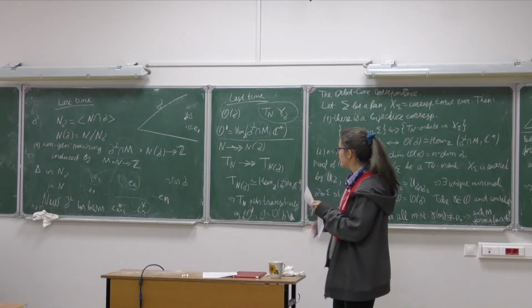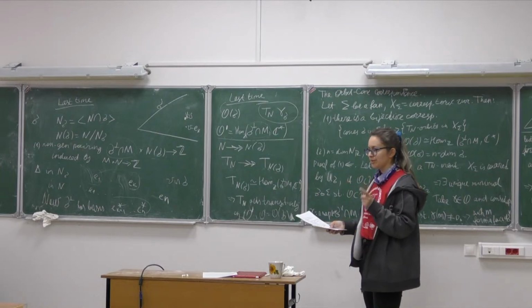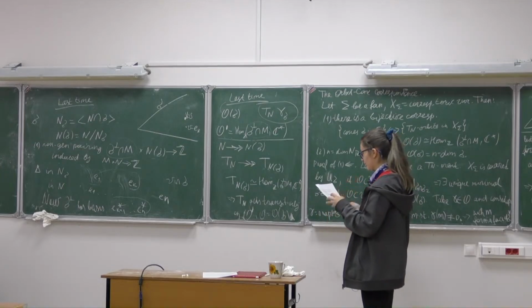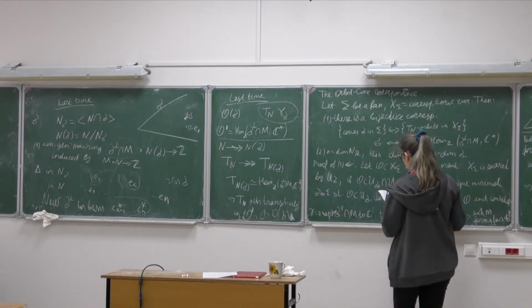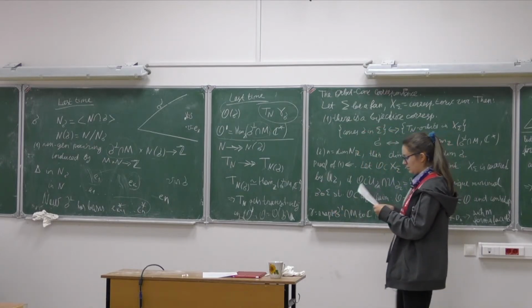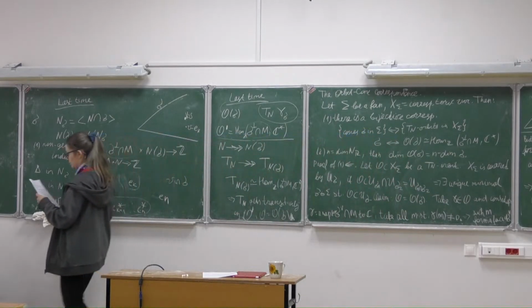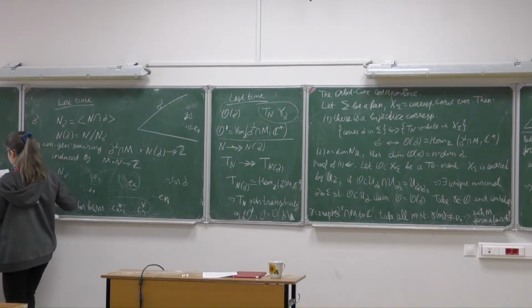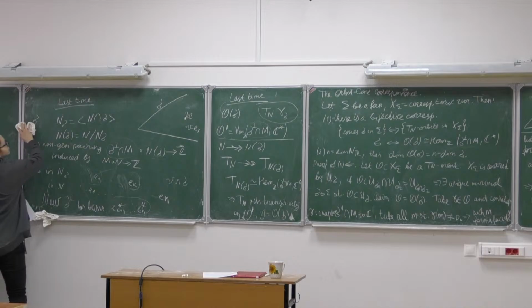Then in the orbit correspondence last time I stated 4 statements. The third one and the fourth one are about U sigma and about the closure of the orbit.